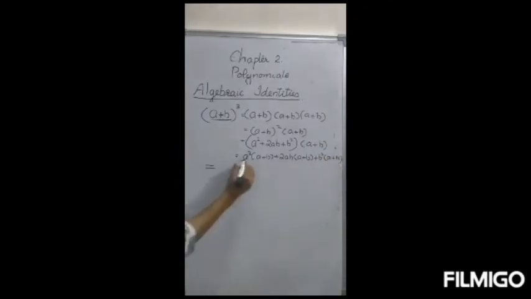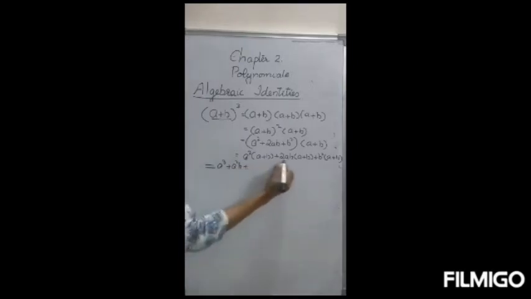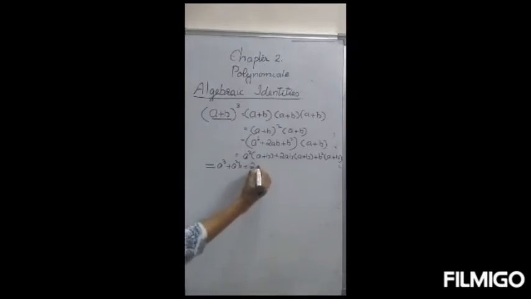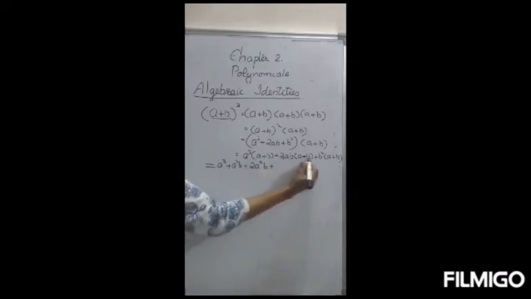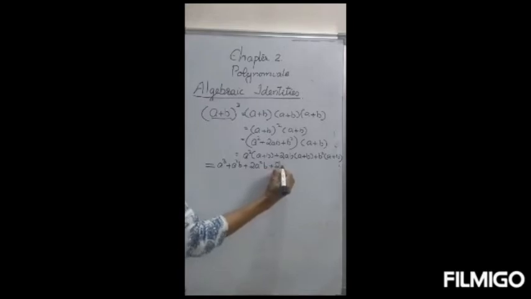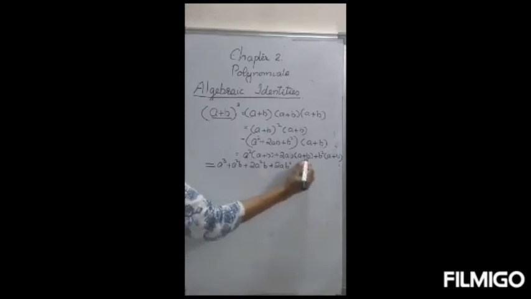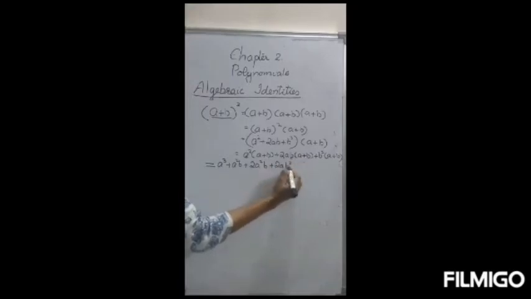That is a square into a, a cube, plus a square into b, a square b, plus 2ab into a, that is 2a square b, plus 2ab into b, that is 2ab square. Here, there is no a, so b into b is b square.